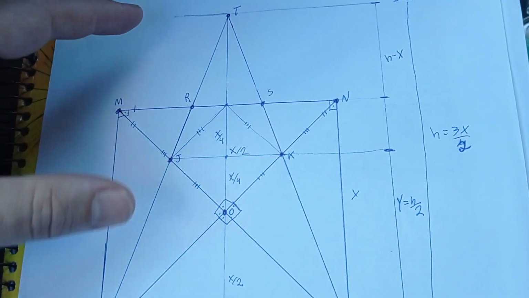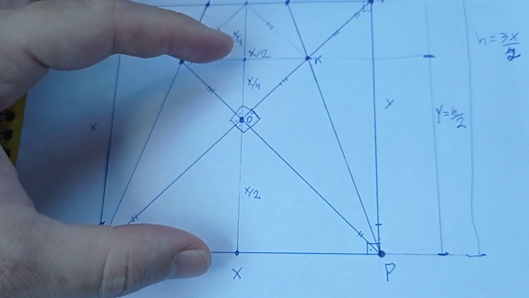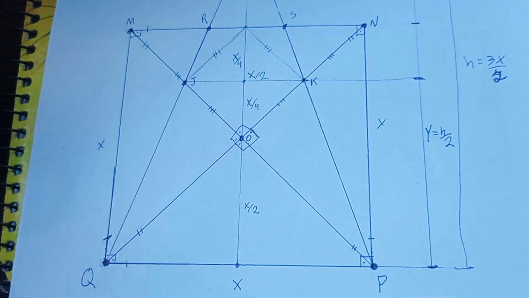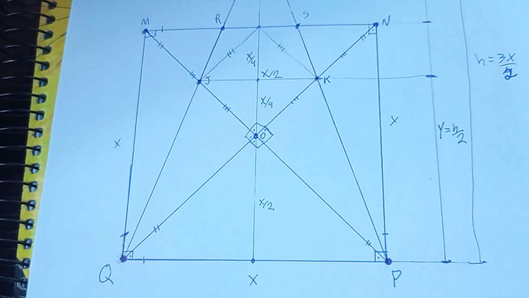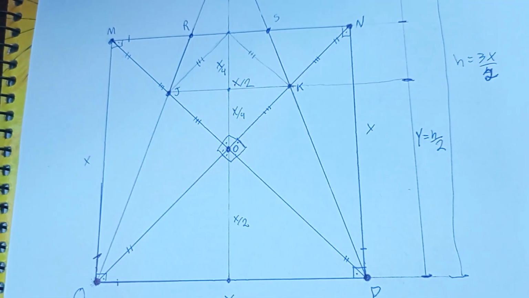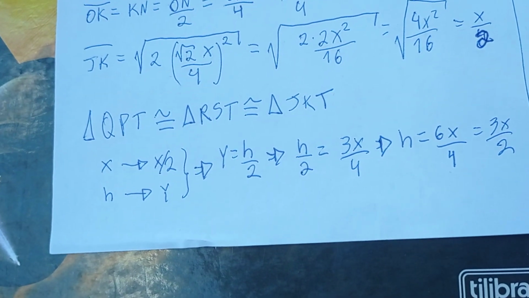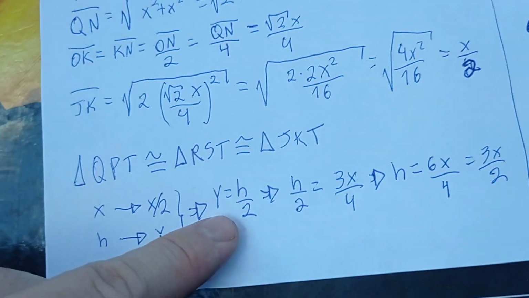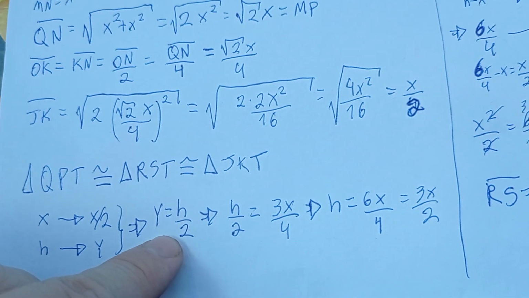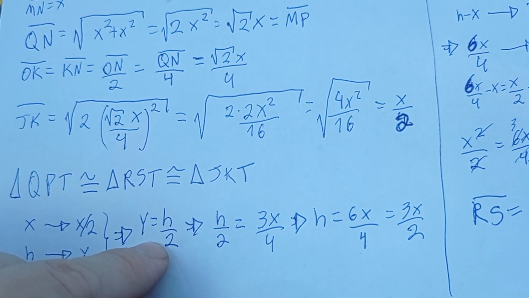Because of the way the geometry here works, I won't explain further why, but this means that y is equal to the height divided by 2.